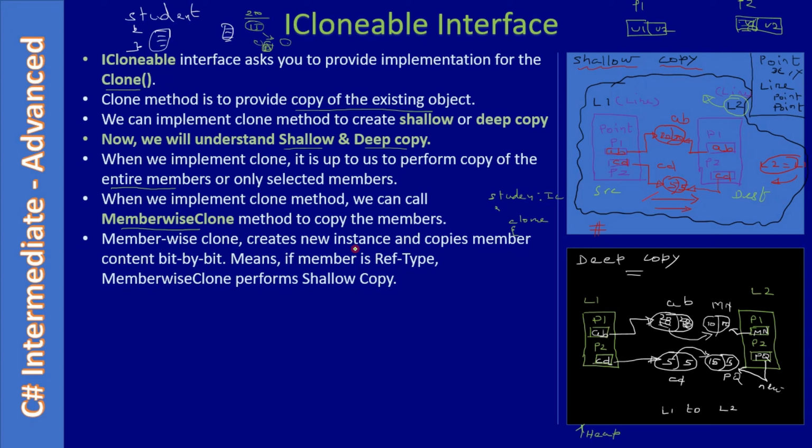MemberwiseClone creates a new instance. That's what we are talking about. It creates a new instance like line 2 and copies member content AB. I mean, here in this example, points P1, P2, the content is some address location AB. It copies member content bit by bit. So since it is copying bit by bit, let us say AB we told, right? Instead of that, if you see the bit pattern, it will be like this, 0 1, some address location.